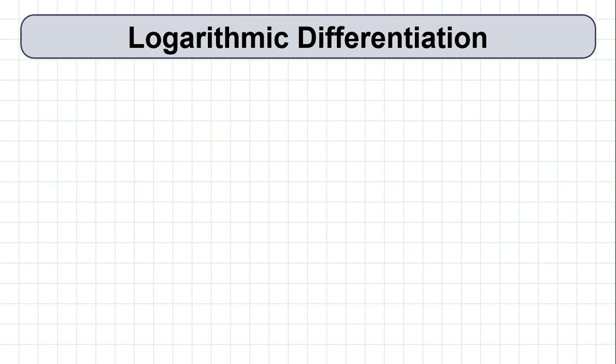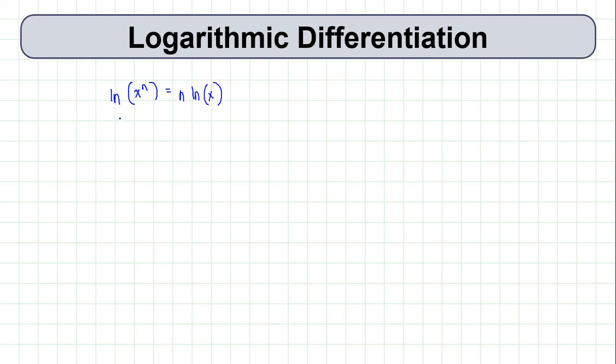So yung process na ito, it uses another one of long forgotten logarithm rules. So ano ba yung ibig sabihin niyan? It says that ln of x to the n is equal to n times ln of x.